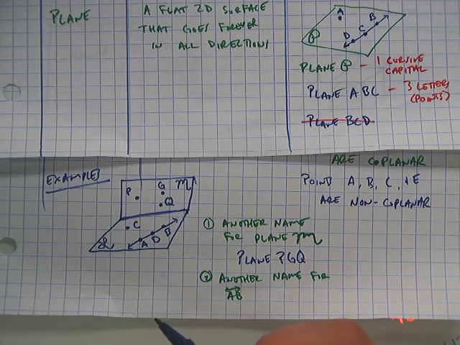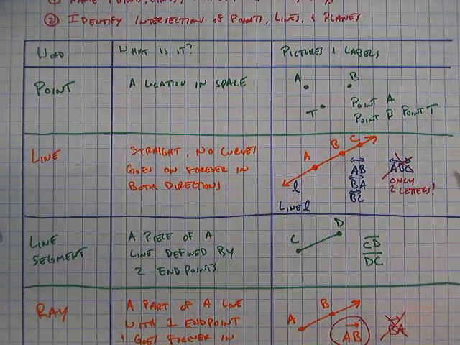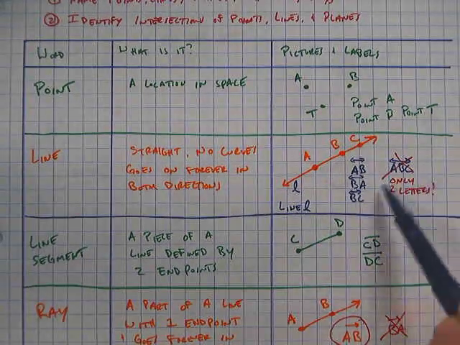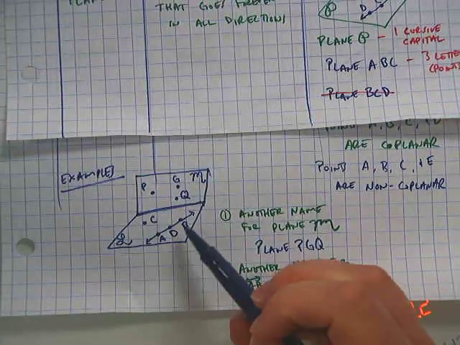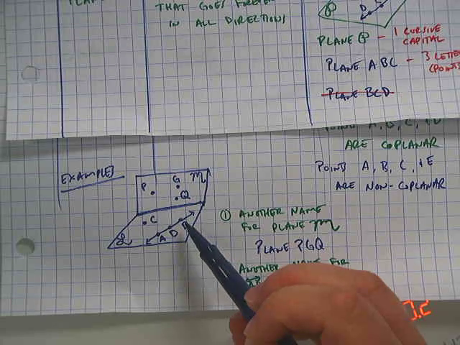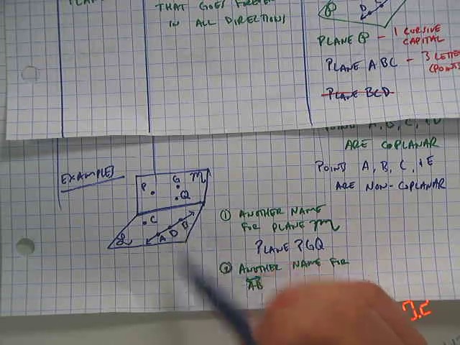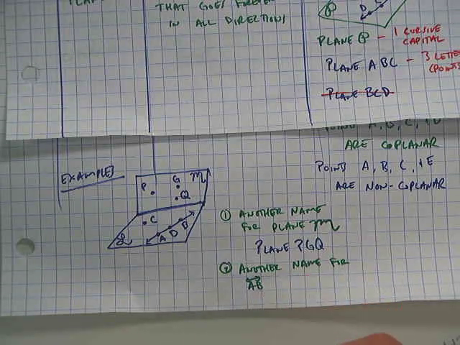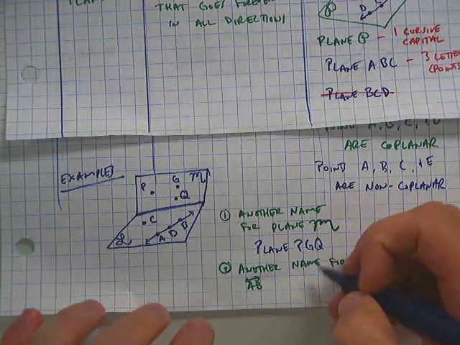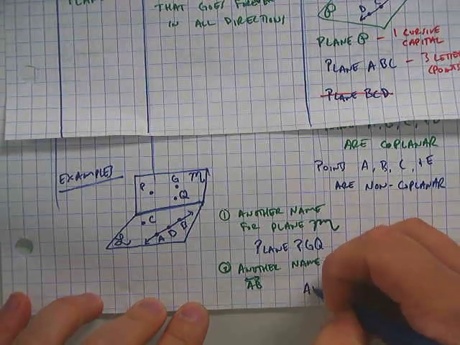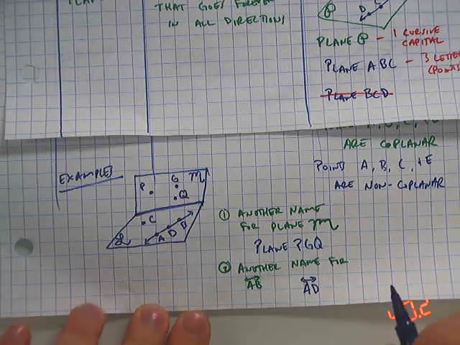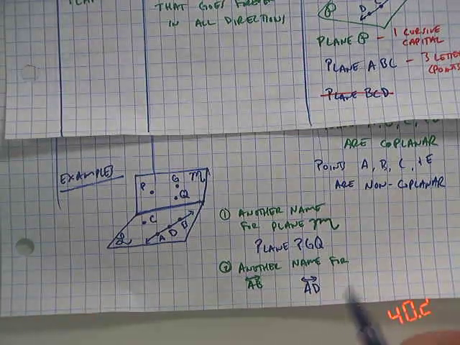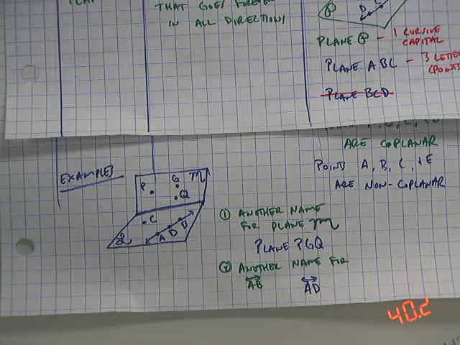Or let's take a look at another one. Let's say another name for line AB. Okay, another name for line AB. Well, we've got 3 points on here, A, D, and B. So if we look at our how to name lines notes, we could use any 2 letters, but only 2 letters, not more than 2.